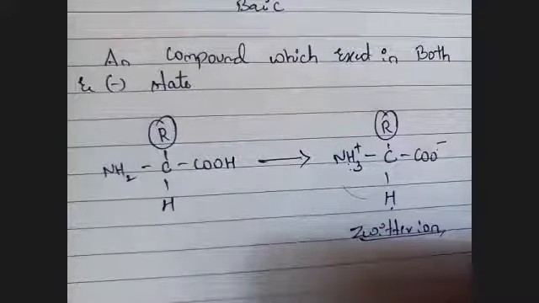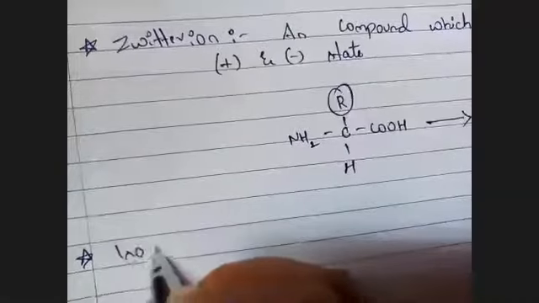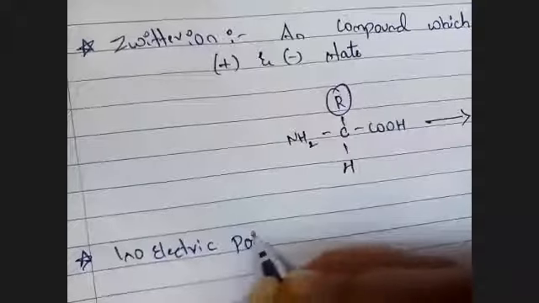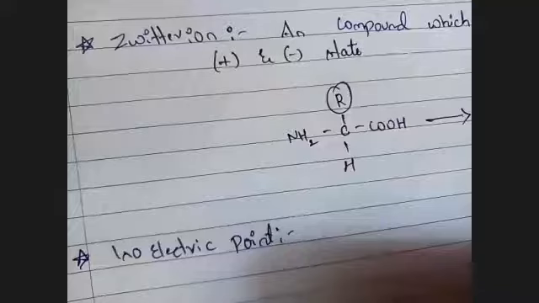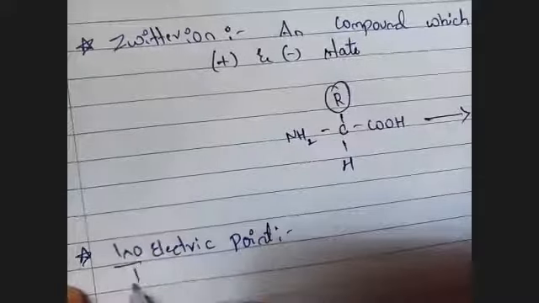Next property: isoelectric point. So what is the isoelectric point? We know that iso means same.